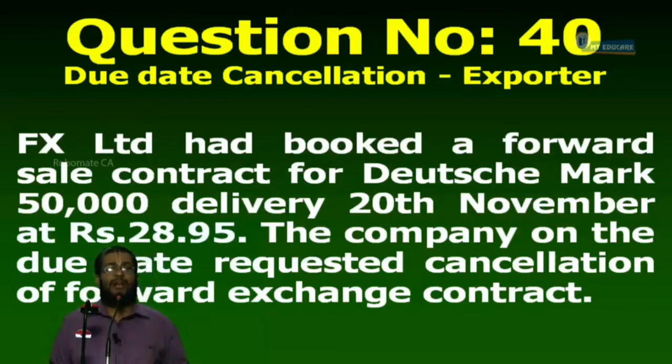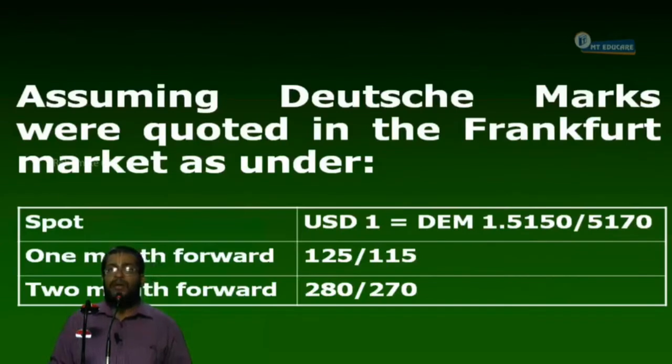Is it required or not required? Required. The company on the due date requested a cancellation of the forward exchange contract. Assuming Deutschmark were quoted in the Frankfurt market, in the Germany market, as under, we have $1 is equal to so many Deutschmark. Tell me, is it a direct or indirect quote in Germany?